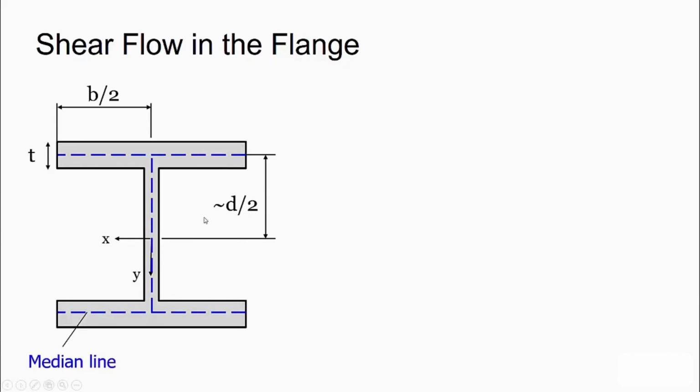This is the thin-walled approximation saying that the thickness of this flange is much smaller compared to the dimensions of the section. Now you could actually put the real height in here, which would be d over 2 minus thickness over 2, but for the simplicity of the expressions written here, we'll leave it here. We'll say that that thickness is negligible compared to this value.